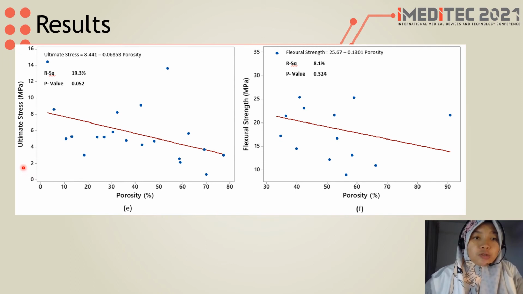The ultimate stress of cancellous bone specimen under compression test when correlated with porosity showed 19.3%, whereas the flexural strength under three-point bending test when correlated with porosity showed 8.1%.